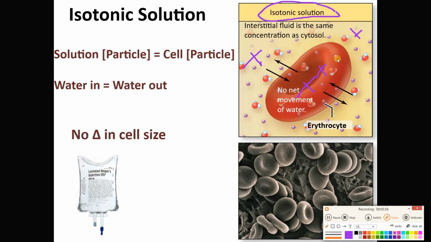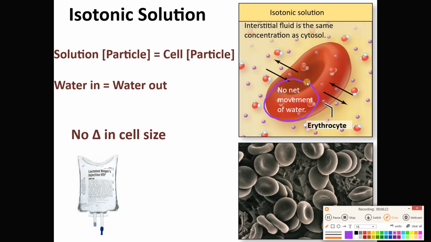So there is no difference in particle concentration, which means there is no difference in water concentration. That means every time a water molecule goes into this cell, a water molecule goes out of this cell, and there is no net movement of water.